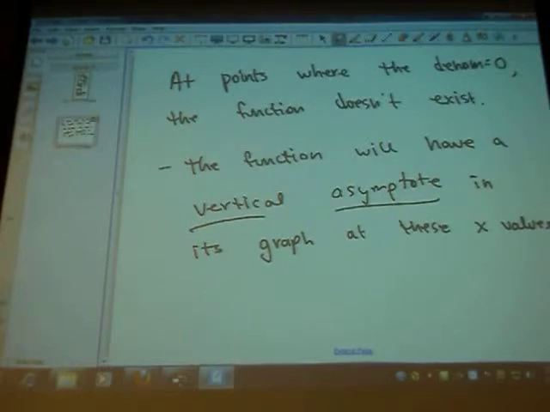Well, that's what usually happens, is you'll have a vertical asymptote, which is just a vertical line, kind of an invisible line, that your function can't cross in that graph.